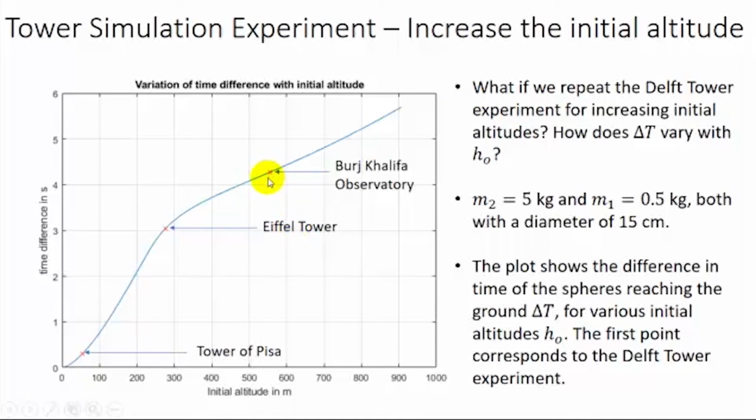If the experiment were conducted today from the observatory of the Burj Khalifa Tower, which is the tallest tower currently in the world, with its highest point at roughly 880 meters, if the experiment was conducted from the observatory, which is approximately 560 meters, then the two balls would have reached the ground with a time difference of just over 4.2 seconds.